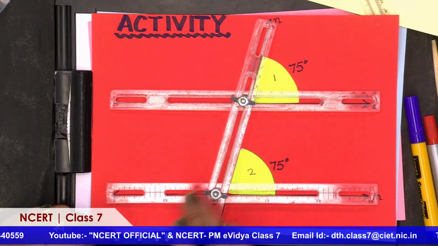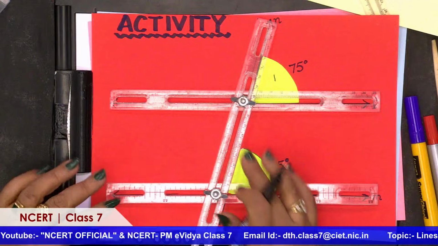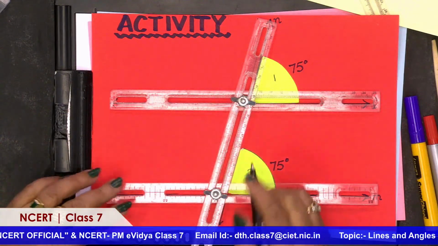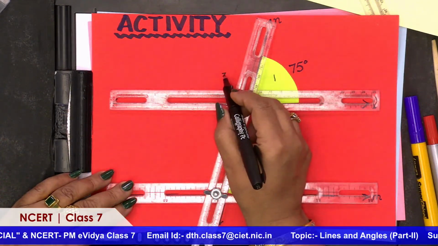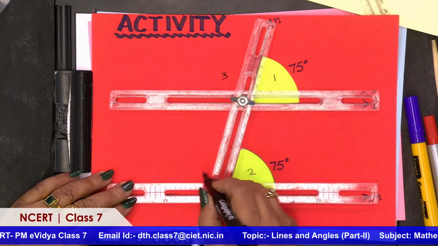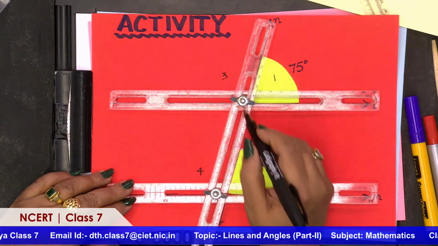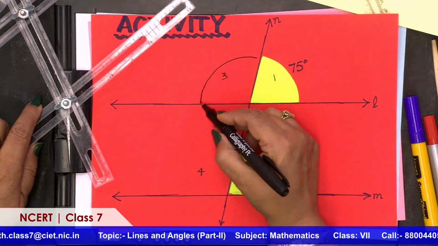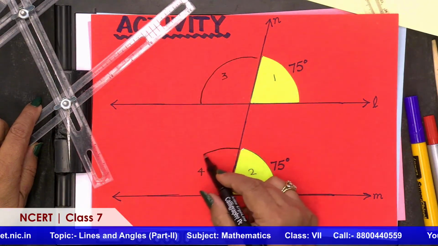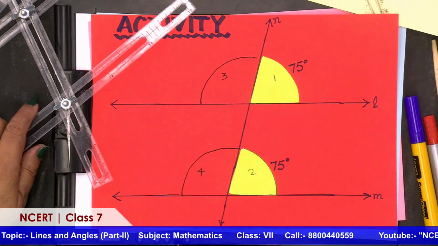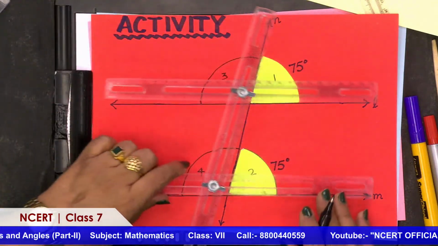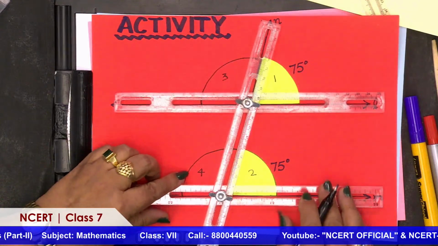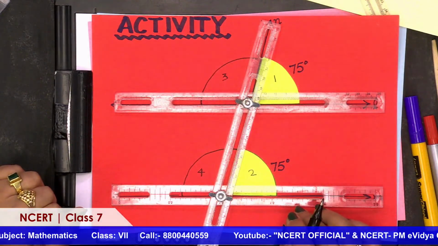Now, can you tell me, Jyotsna, do we have another set of corresponding angles here? What about angle 3 and angle 4? Yes. I can show you this angle 3 will be equal to angle 4 because they are corresponding angles. When lines are parallel, we have a couple of properties.